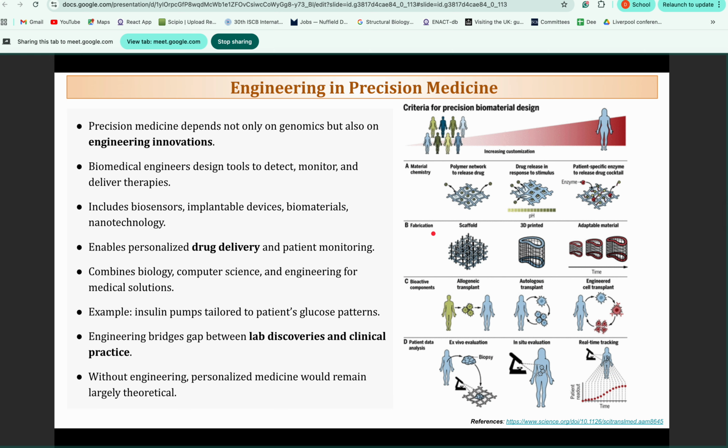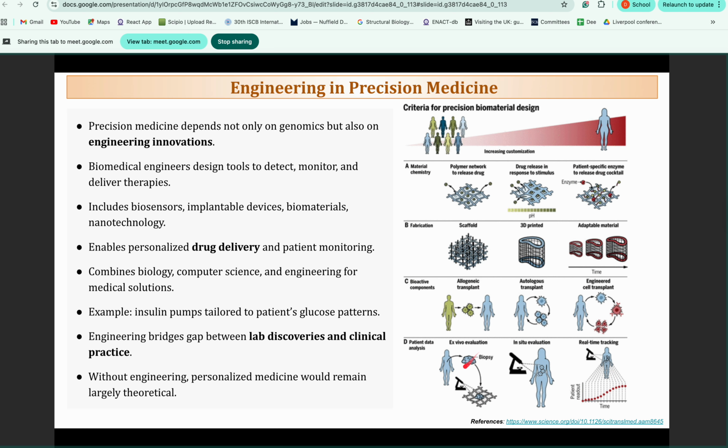So these biomaterials can also act as a scaffold in your body, or as support. Then comes bioactive components, such as during transplants: allogenic transplants, autologous transplants or engineered cell transplants. These are also biomaterials. Then patient data analysis.